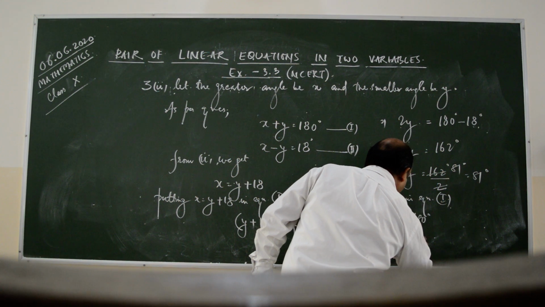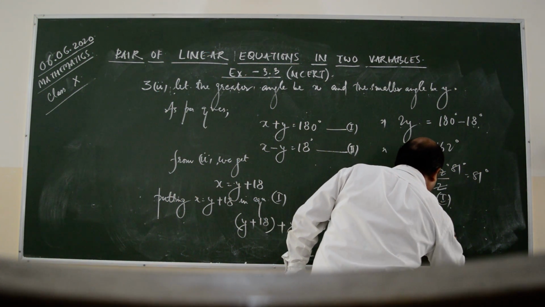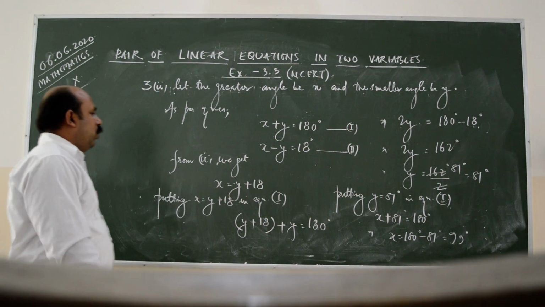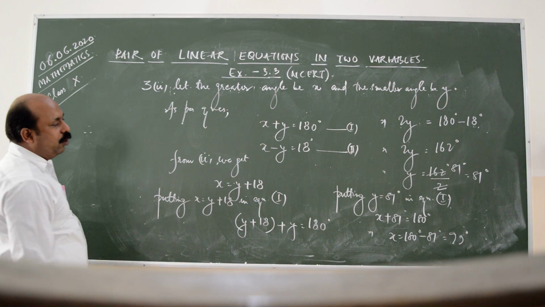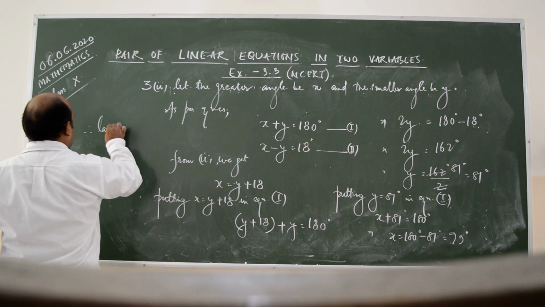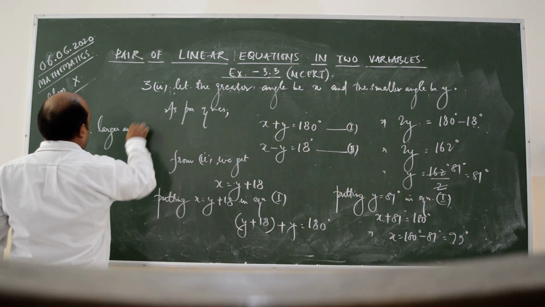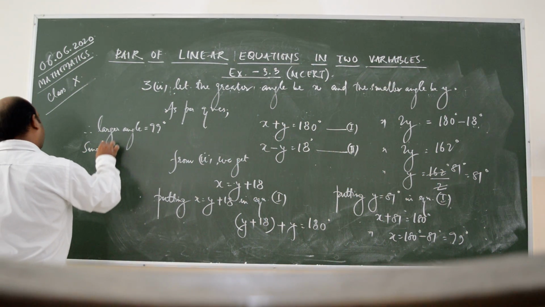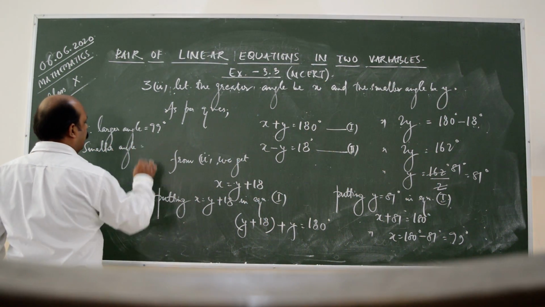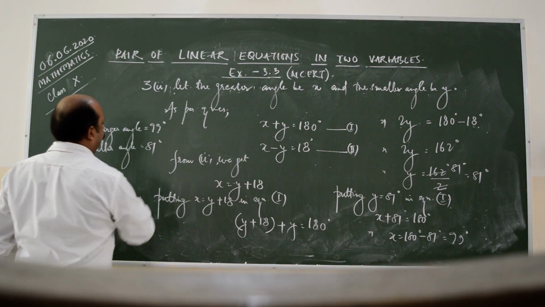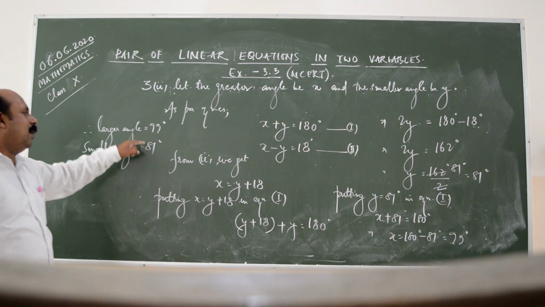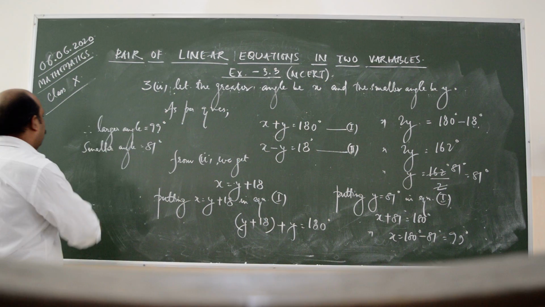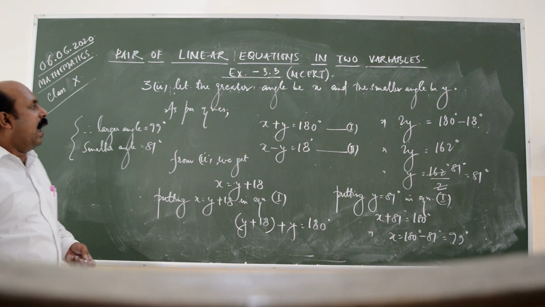So the value of x will be 180 minus 81, that is 99 degrees. So finally we write the conclusion: the larger angle is 99 degrees and the smaller angle is 81 degrees. You can check it. 99 plus 81 is 180 and 99 minus 81 is 18. In this manner, we find the required angles.